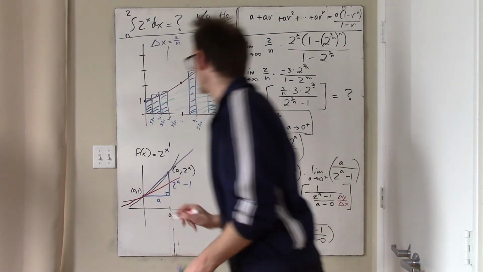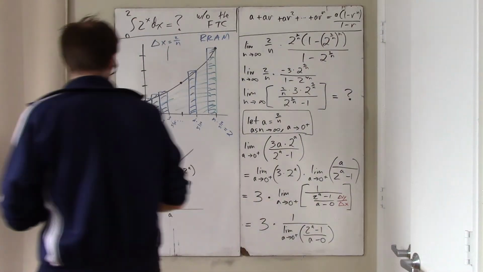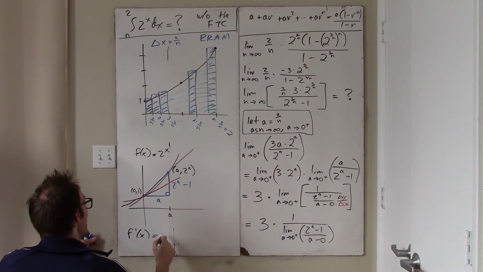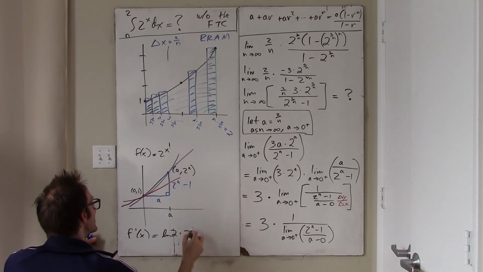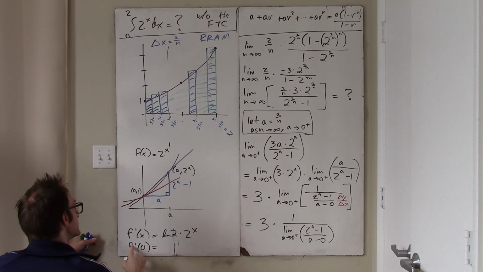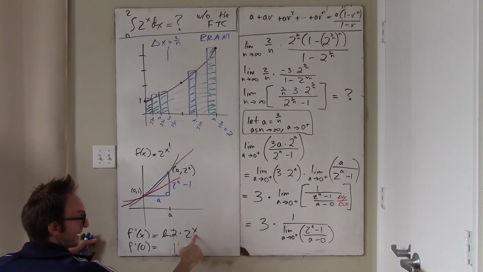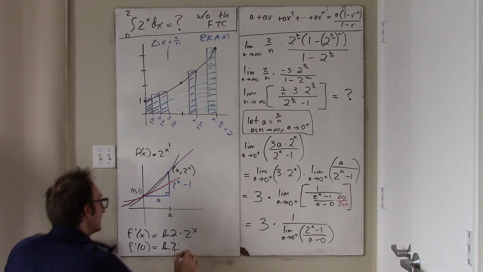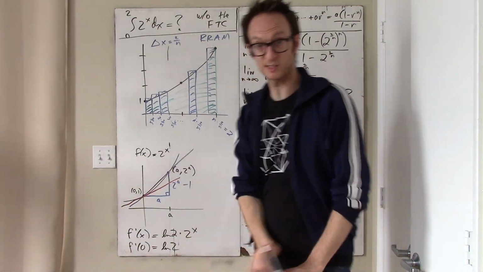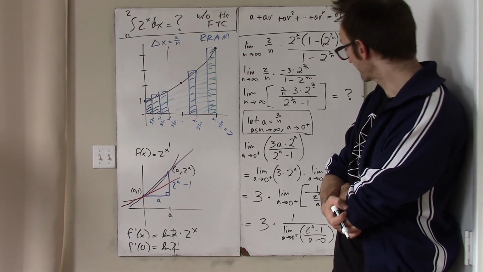And it is simply a fact that if you differentiate this function, you get ln2 times 2 to the x, and so the slope of the tangent line to this curve at 0, the slope of the red line, is, when you plug in 0, just ln2. So ln2 is the slope of the tangent line to the curve y equals 2 to the x at x equals 0.